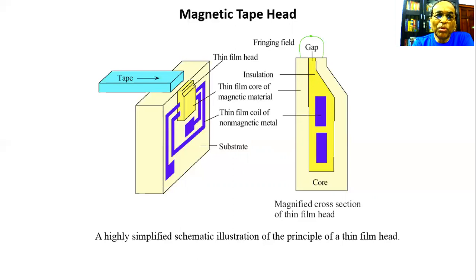The blue one is the pictorial representation of the tape. This is a highly simplified scheme, but it is the scheme of this micro miniaturized, very small magnetic tape head.